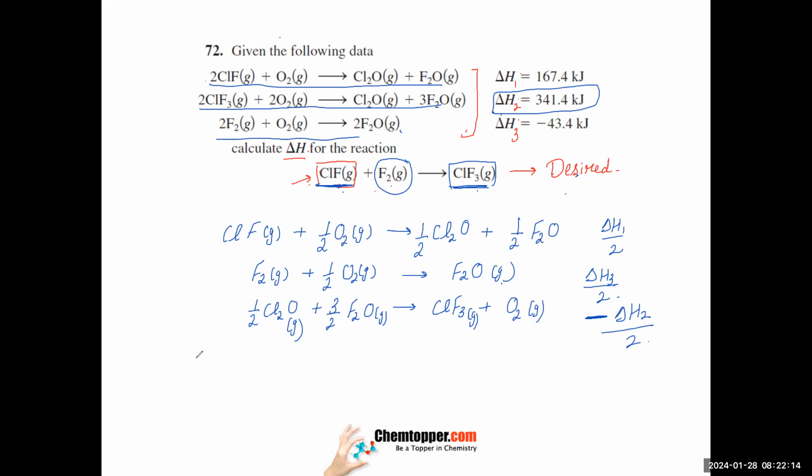Right? Now add. Add all these equations to check whether you are getting the desired equation. Let's cancel the things which are on the product side as well as the reactant side. The intermediates, I'm canceling the intermediates.